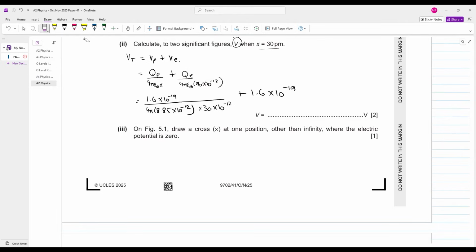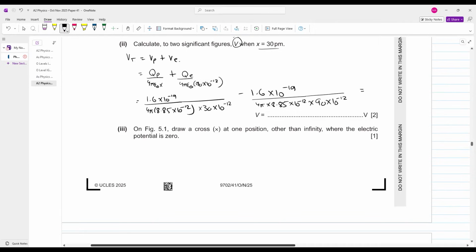Since this is an electron, the charge will be negative. 4 pi into 8.85 into 10 to the power of minus 12 into the distance, 90 picometer. What does your answer for voltage come out to be? The answer for electric potential after this lengthy calculation comes out to be positive 32.